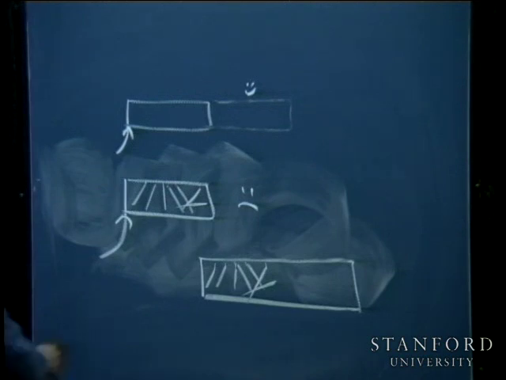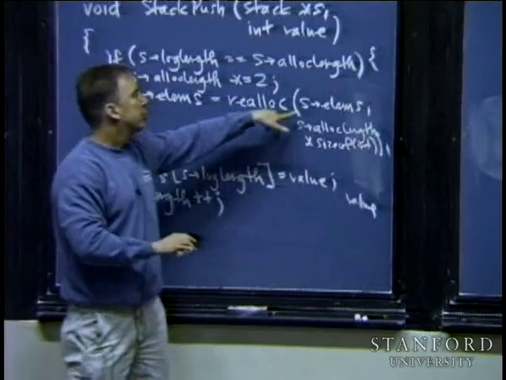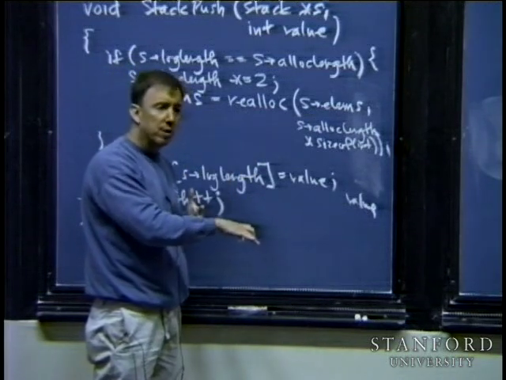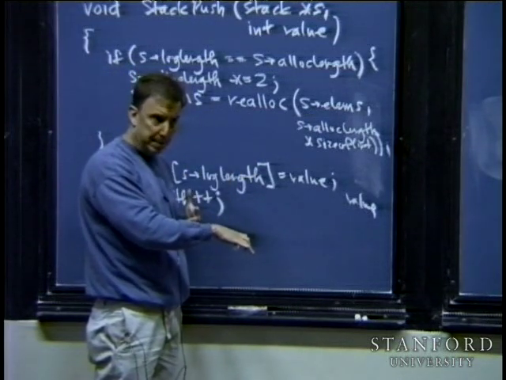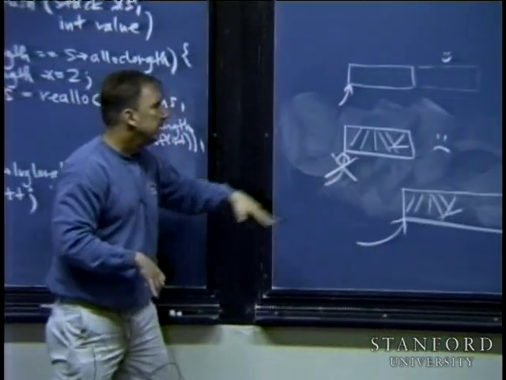Okay? It actually frees this for you, and it returns this address. So under the covers, beneath the hood of this realloc function, it just figures out how to take this array and logically resize it and preserves all the meaningful content that's in there. Okay? If it has to move it, it does free this.